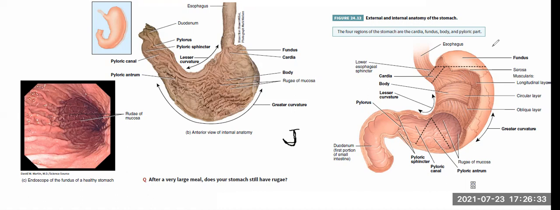We've gone through peristalsis in the previous lecture. Peristalsis is the contraction of the muscles of the stomach or of the entire GI tract.